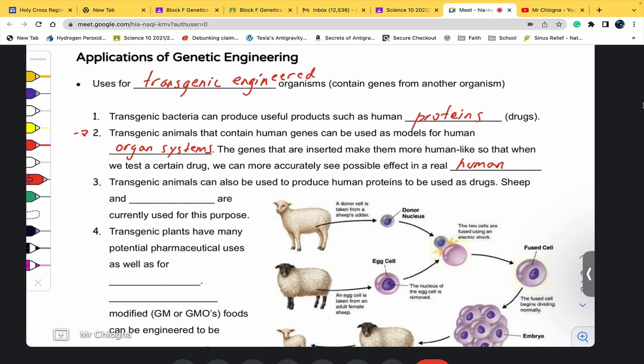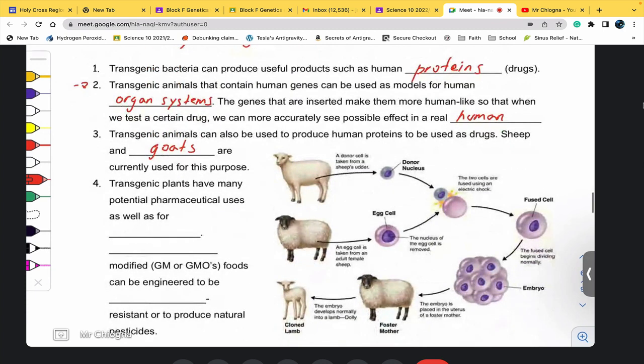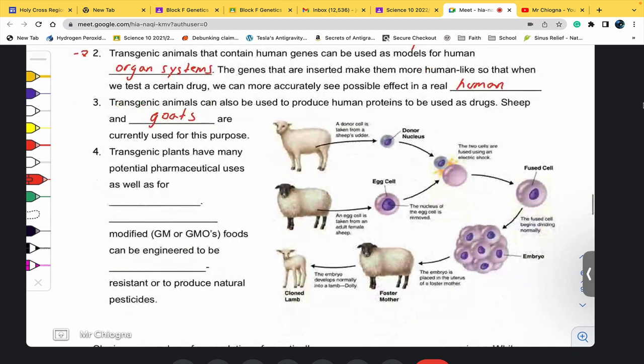Three, transgenic animals can also be used to produce human proteins to be used as drugs. So the animals can also produce human proteins. Sheep and goats are currently used for this purpose. Number four, transgenic plants have many potential pharmaceutical uses as well as for food. Okay.